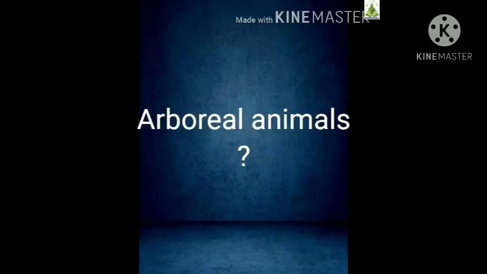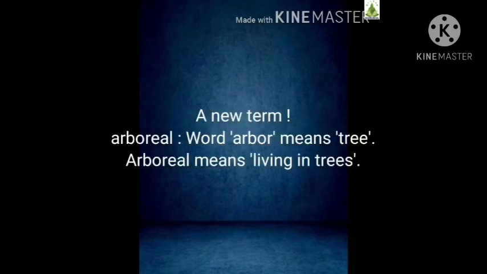Children, let's learn about arboreal animals and how they help in spreading seeds of fruit in our surrounding. Tell me, do you all know what you mean by arboreal animal? Arboreal: arbo means tree, arboreal means living in a tree.